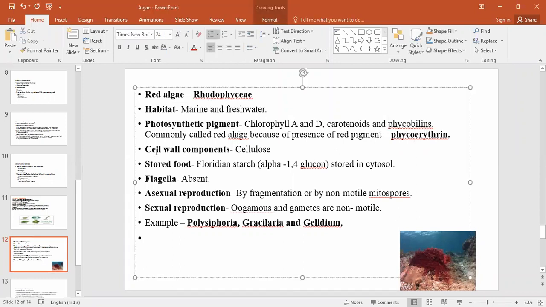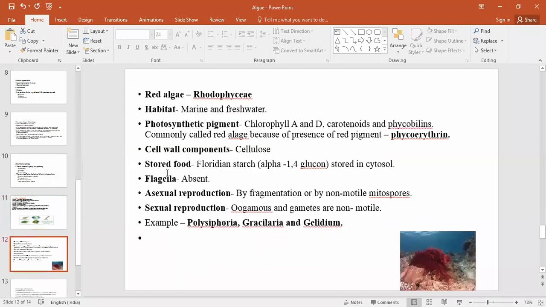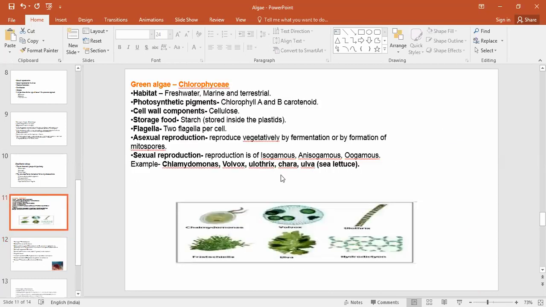Next is their cell wall component, which is cellulose. In Chlorophyceae the cell wall component is also cellulose. Now here is the difference in storage food. In Rhodophyceae, food is stored in the form of Floridean starch. What is this Floridean starch? It is an alpha 1,4 glucose derivative, and they store it in the cytosol.